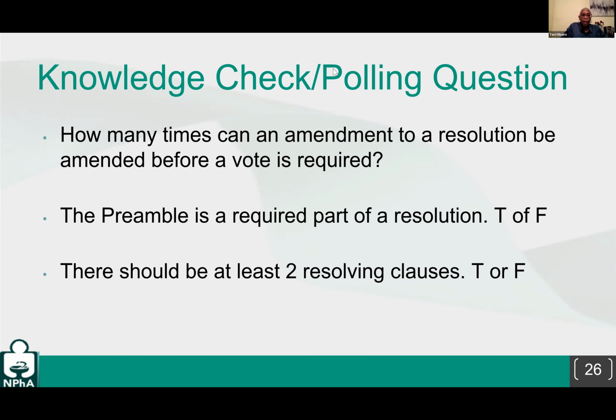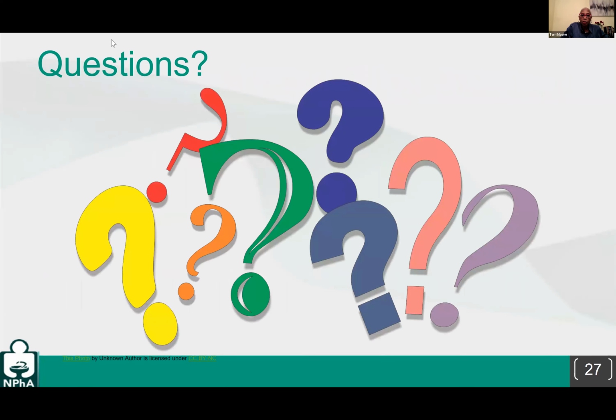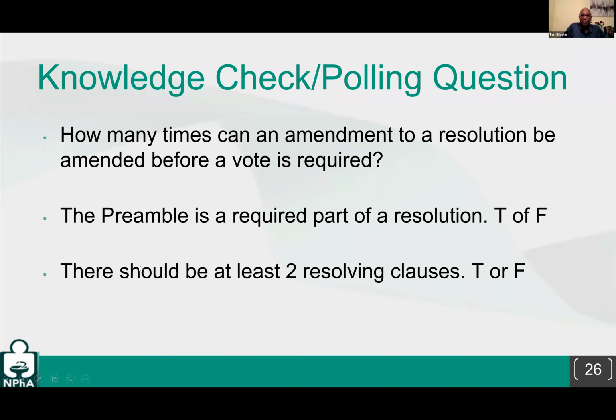And then the last question is, there should be at least 2 resolving clauses, true or false? False is correct. There's no requirement that there's a minimum of 2 resolving clauses. There should be at least 1. That's it for the knowledge check. You all did a great job.